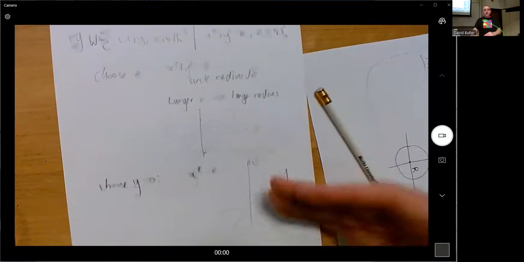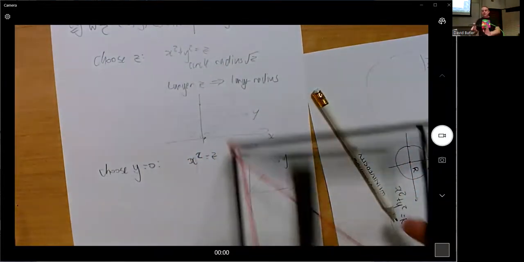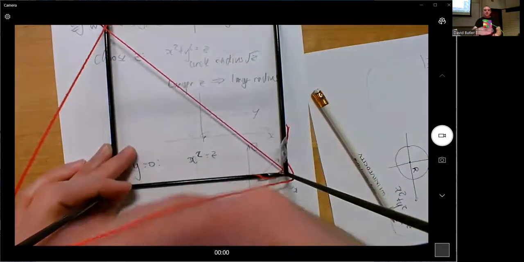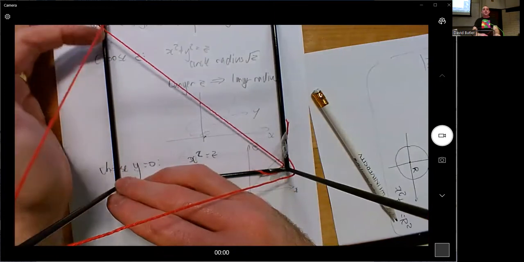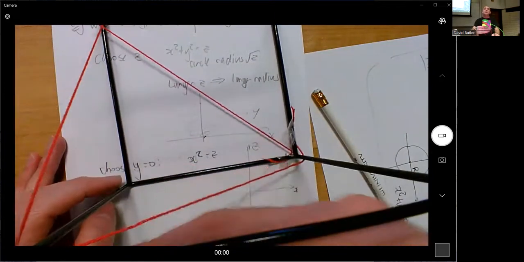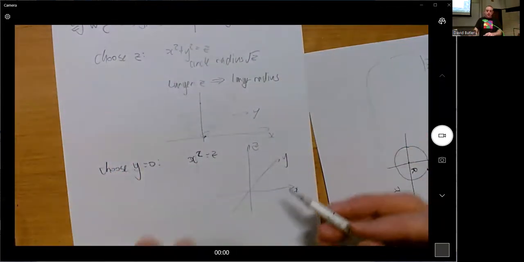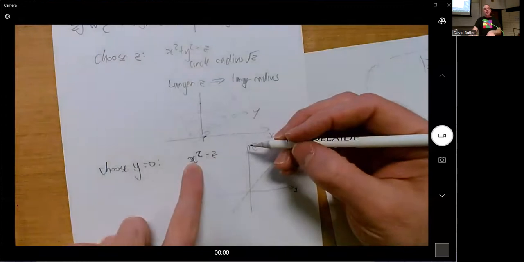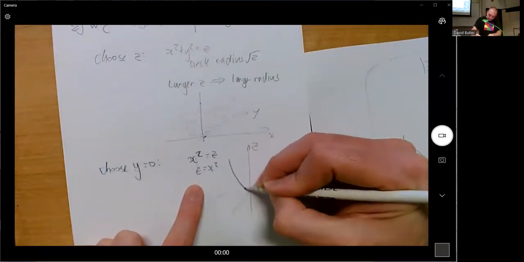So y equals 0 is this plane that goes through the x-axis. These are all values of y, and they are not 0, and this value of y is 0, so we get a plane there where y is 0. And we have z equals x squared, which is a parabola.